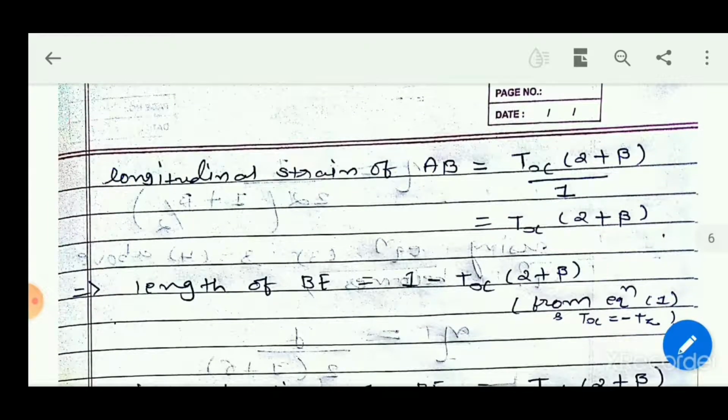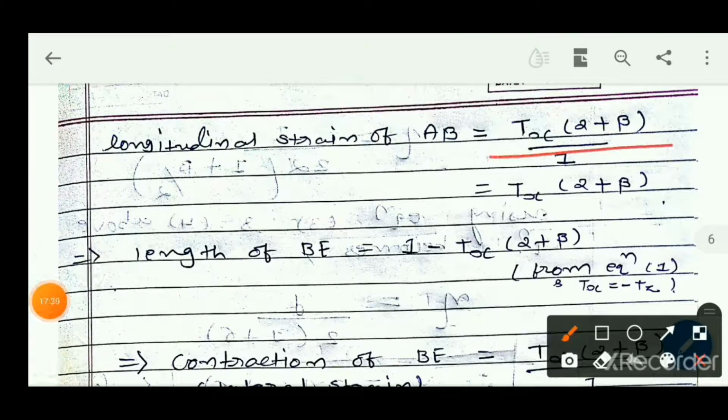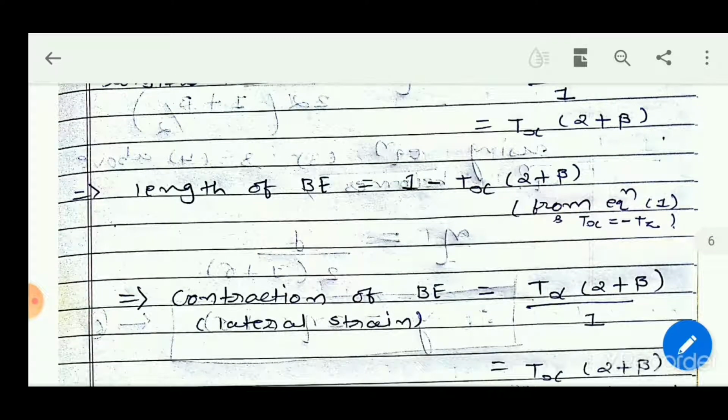So the longitudinal strain of AB is equal to Tx alpha plus beta upon 1, which is a change in length, or a change in shape, or angular change, upon original length. So it becomes Tx alpha plus beta, and the length of B is equal to 1 minus Tx alpha plus beta.